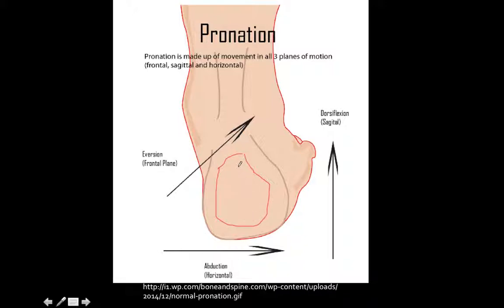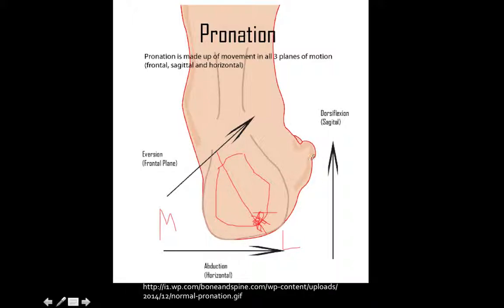But you can see that our calcaneus is more angled this way, right? So this portion of our calcaneus is more kicked out to the lateral side of the foot, so it is going to be more everted or away from the midline, right?